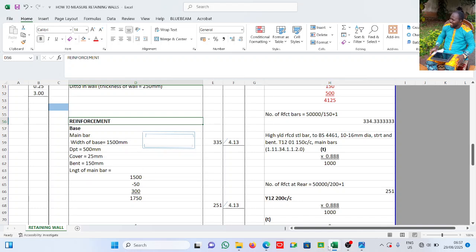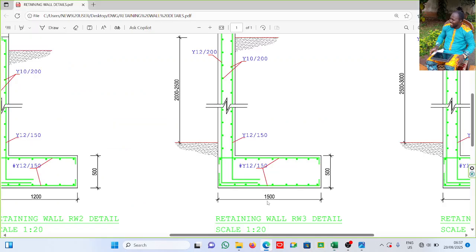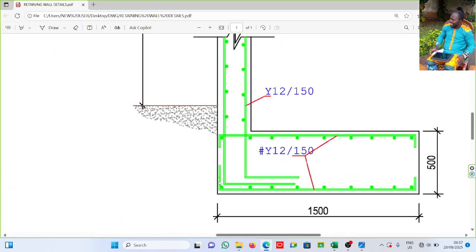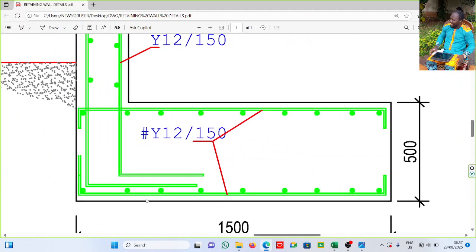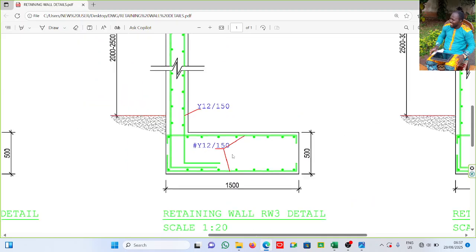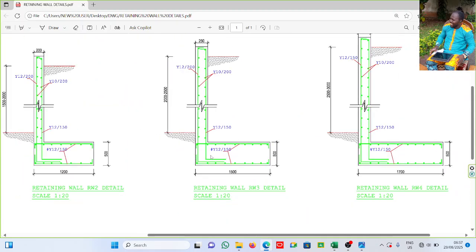Now, if you see what I have here, let me zoom in. Now see this shape. See what I'm talking about here. See the length of this bend. Normally, I'm surprised.